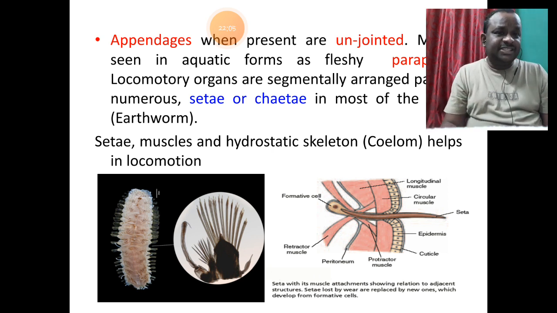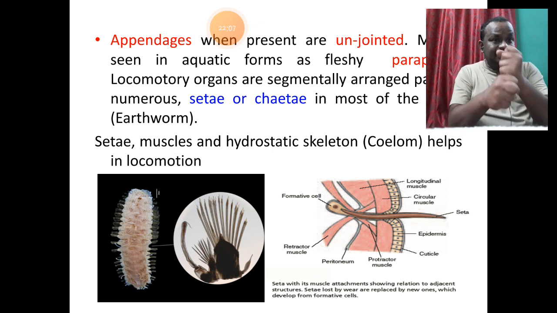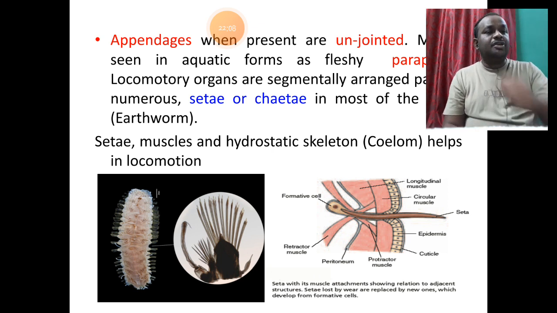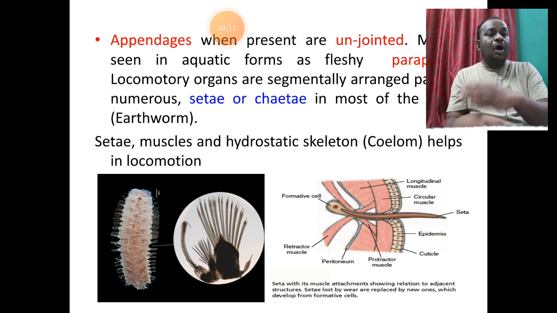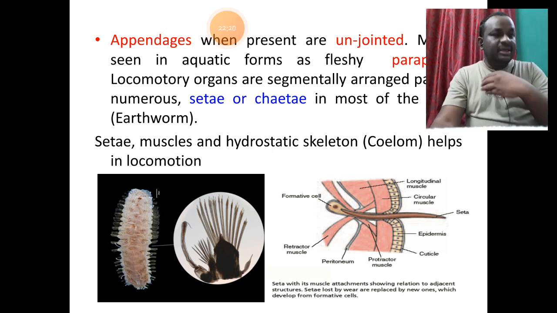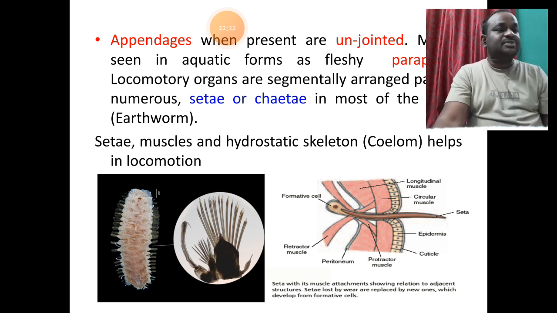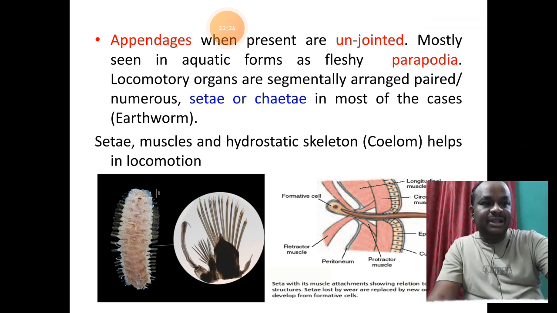So they are totally absent. But they have stiffness of the body, which is contributed by the coelomic fluid. So remember the coelom, muscles, and setae, all three structures help in the actual propelling or locomotion of the animal.